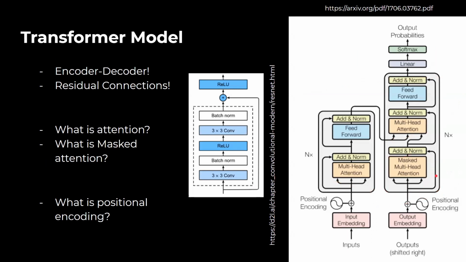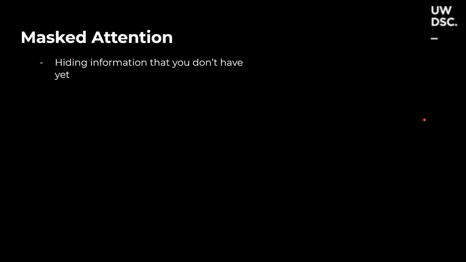Basically what it does is hide the information that you will not need yet. So for example, when you're training an English to French model, you would not feed all the French words into the output because you don't know those yet. You would only feed the words that were already classified back into the model, or it will be cheating. That's what masked attention is. It just masks out the words that you would not have in the model yet.